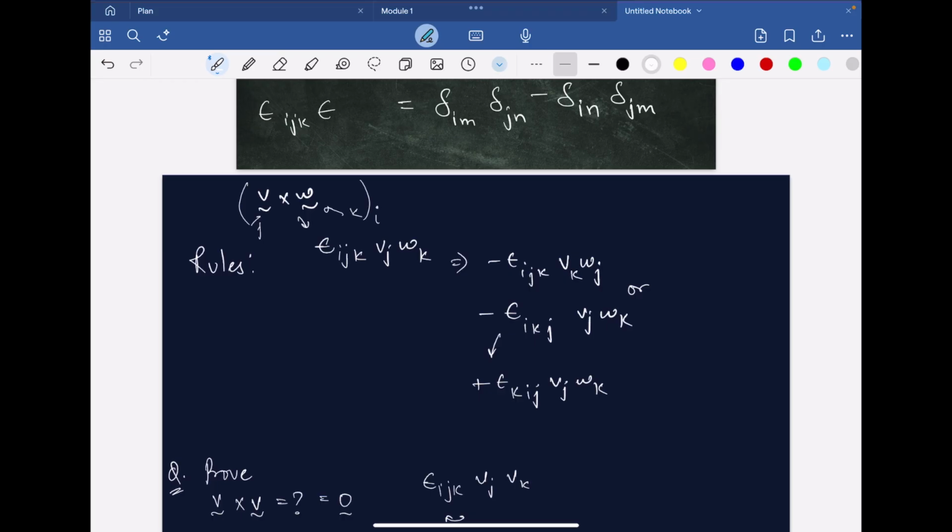So you'll write epsilon ijk vj wk. And let's say you change the indices for a moment by switching these parts, so you want to write epsilon ijk vk wj. If you do this, then you have to apply a minus sign, because you did one change.